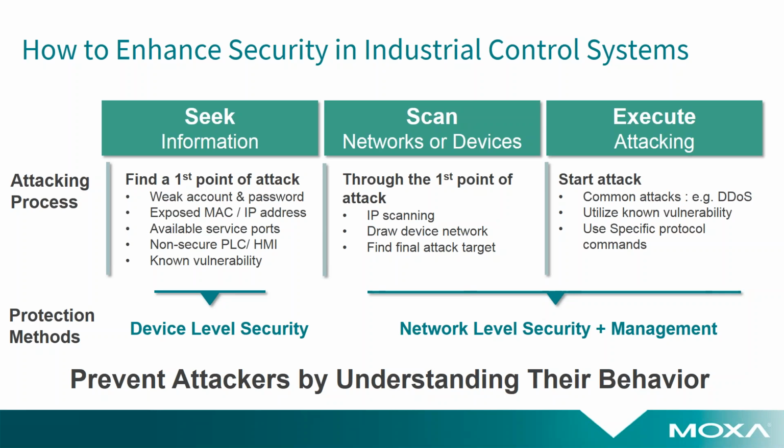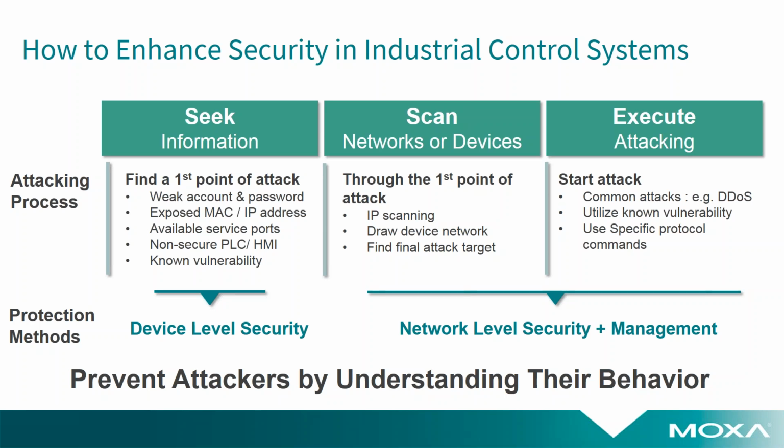Secondly, once a hacker gets into the system through that first point of attack, then they're typically trying to scan the network to look for what else is on the network that's worth attacking. Where can I do some damage, or what assets can I lock down and potentially hold for ransom?